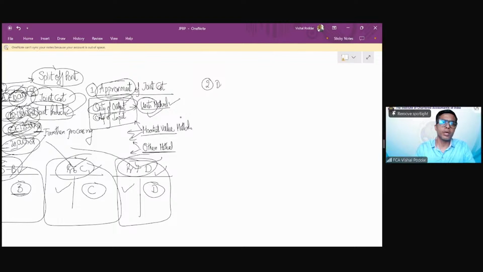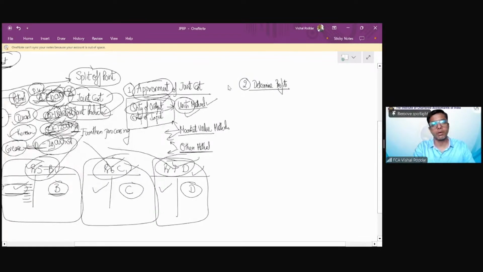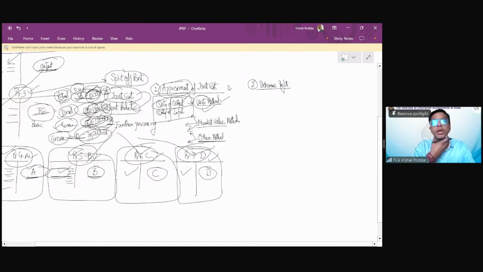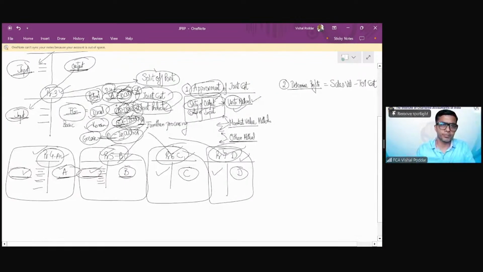The second thing that would be asked of me in this chapter is to determine the profits that each product would be earning. How do we find out profits? The simple equation is sales value minus total cost. The cost I have apportioned in the first step using any of the methods.